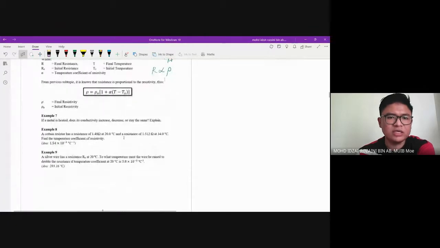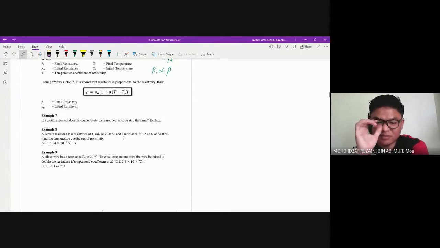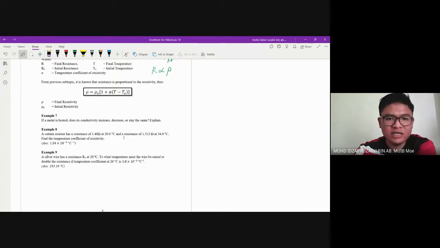Let's go to the question. Number 7, if a metal is heated, does its conductivity increase, decrease, or stay the same? Explain. Macam mana tu? Kalau kita panaskan kita punya metal, adakah dia punya conductivity tu semakin bertambah, berkurang, ataupun sama sahaja?